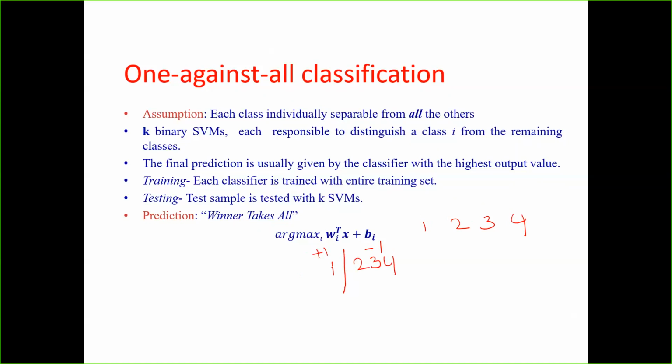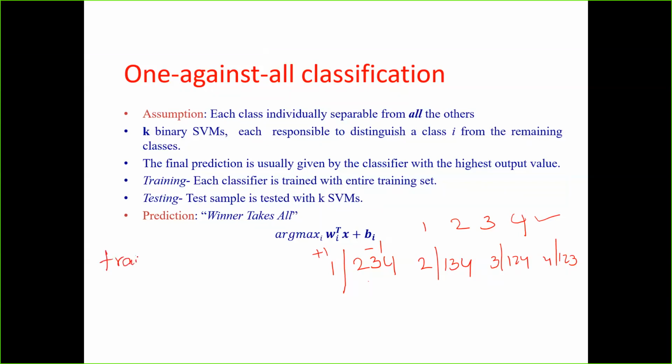All the instances that belong to class 1 will be labeled positive, and all the instances that belong to classes 2, 3, 4 will be labeled negative. Now it is a binary classification problem and you can apply SVM. Similarly, 2 versus 1, 3, 4; 3 versus 1, 2, 4; and 4 versus 1, 2, 3. So if there are 4 classes, you are learning 4 binary SVMs. Now tell me, if there are k classes, how many SVMs do we need to train?